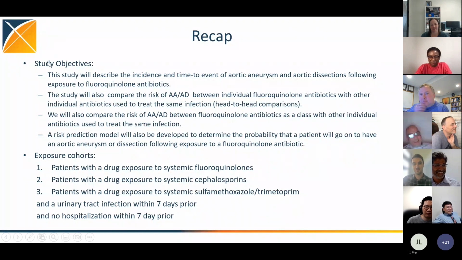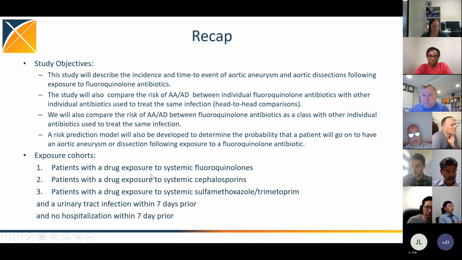Anyway, these are the study objectives. We just talked about them. Essentially, we want patients with these antibiotics, either the fluoroquinolones or the others which we want to compare to, and they had a urinary tract infection within a week, and they were outpatient, which means they're not inpatient.